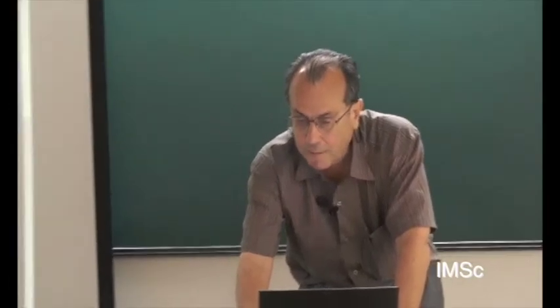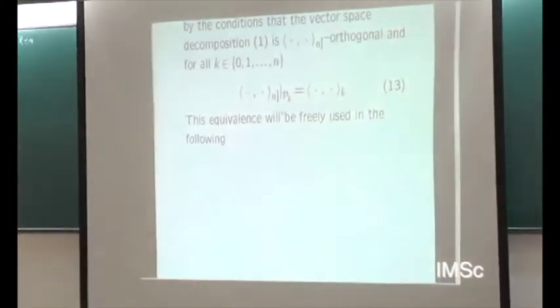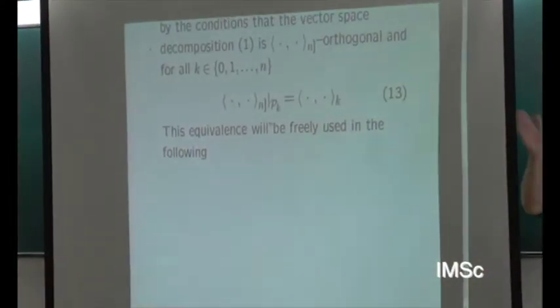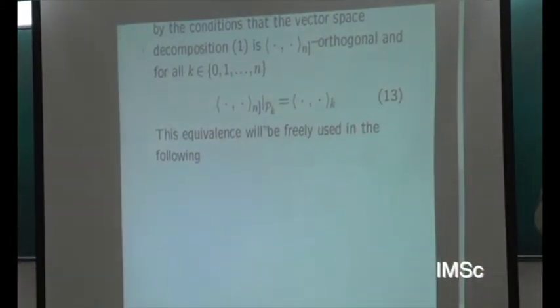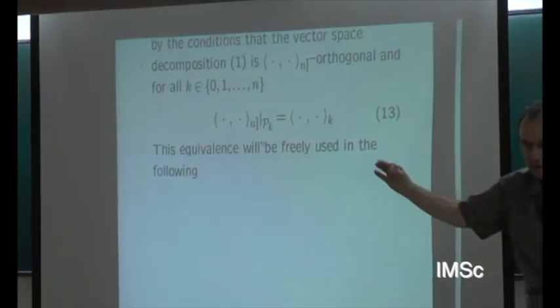And we will use this very much. So I will indifferently speak of a single product on the polynomials of degree less than or equal to n, or n different scalar products on the single factors pk.